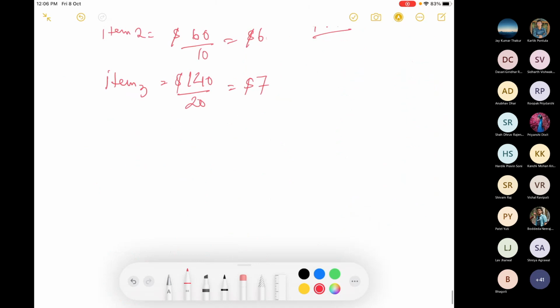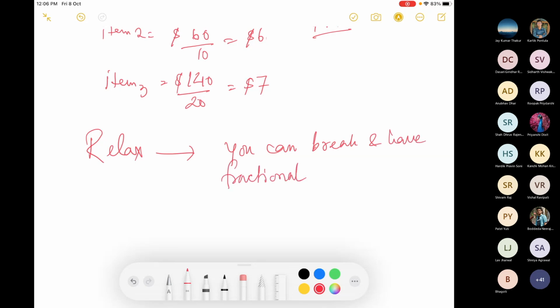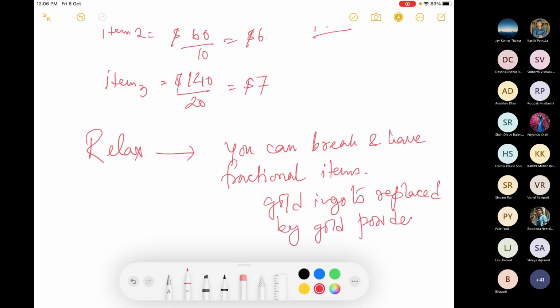However, now suppose I relax the condition. Now you can take fractional items.